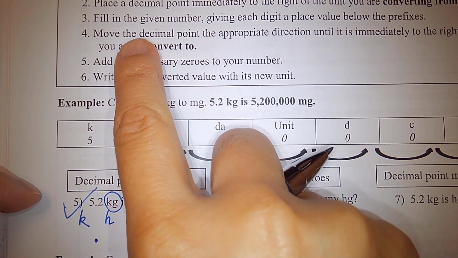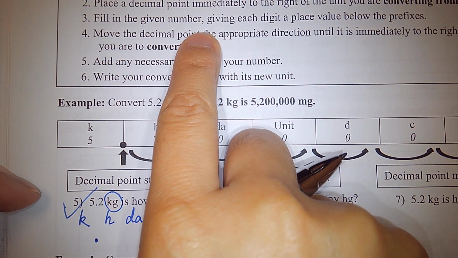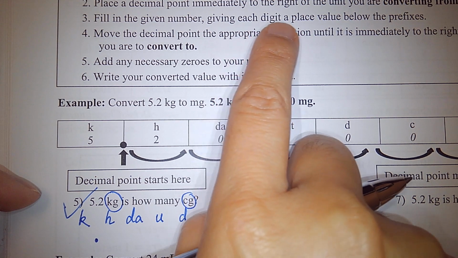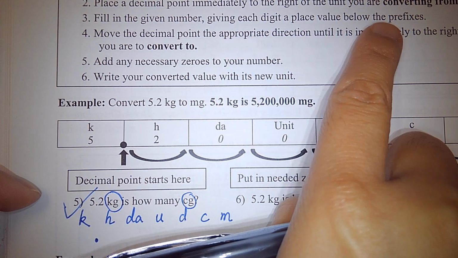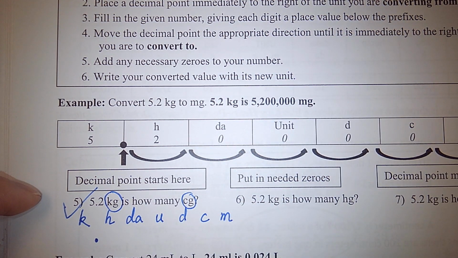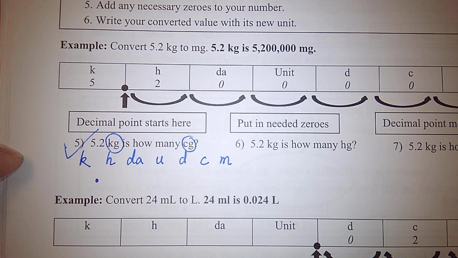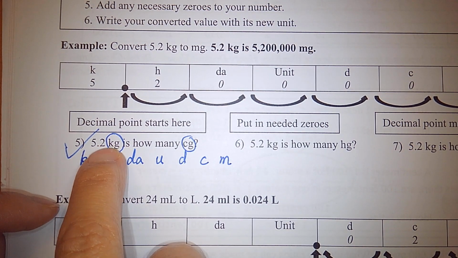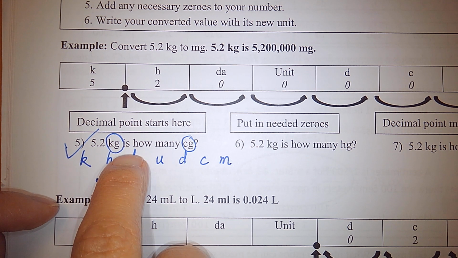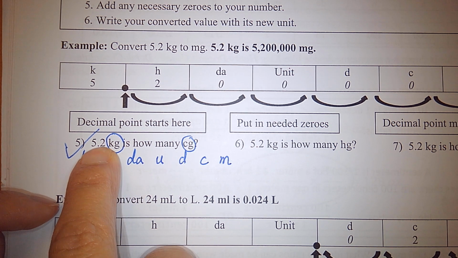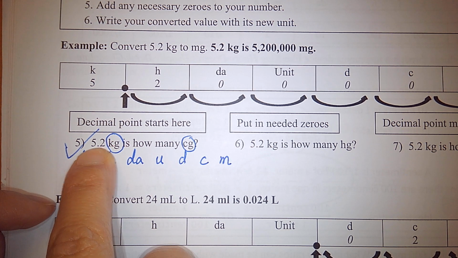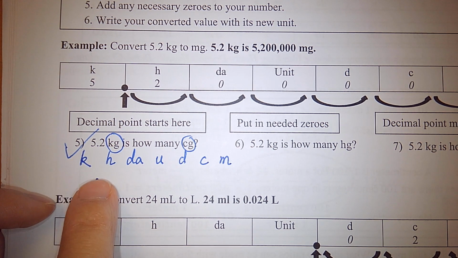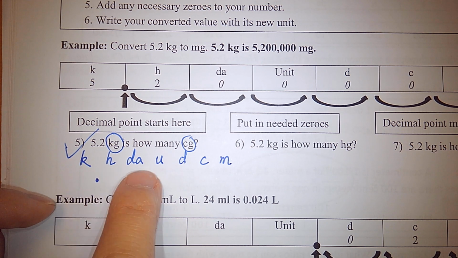Step 3. Fill in the given number, giving each digit a place value below the prefixes. What is the given number? 5.2 kilograms. Before the decimal point we have the number 5, so under which prefix should we put 5?